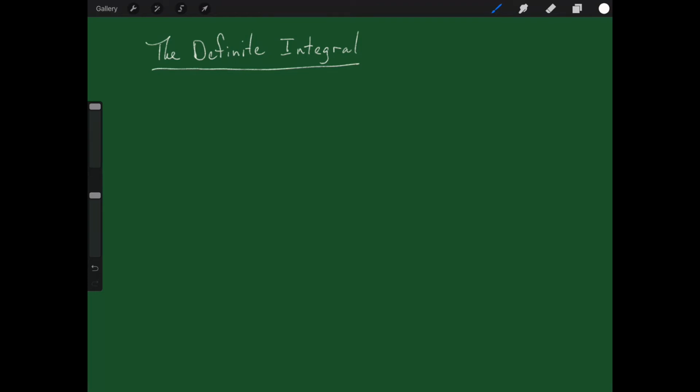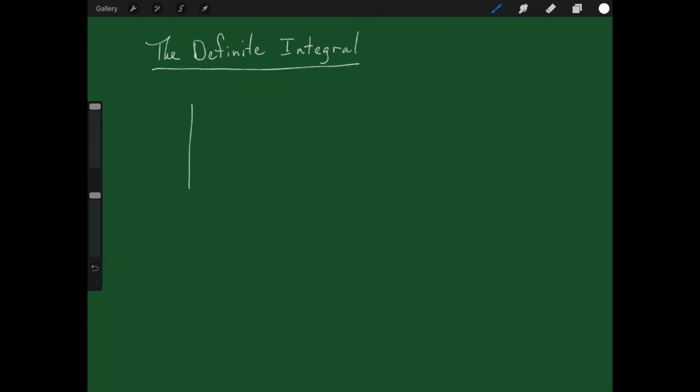And the definite integral is a pretty important topic in calculus because it really is answering one of the two big questions of calculus, and that is, how do you find the area under a curve?